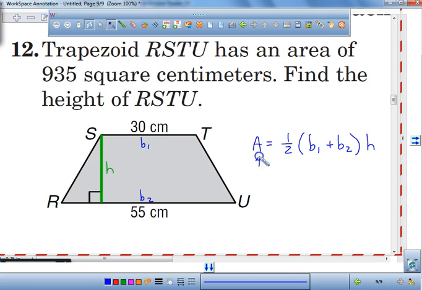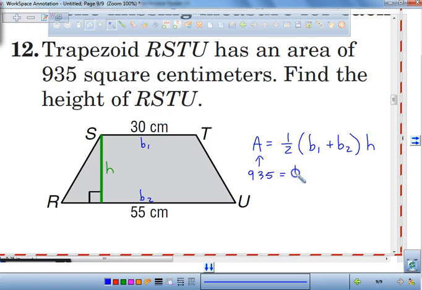What number do you think I'm going to plug in for A? The area. 935. There you go, 935. What number am I going to plug in for base 1? 30. Base 2? There you go. And what are we solving for? We're solving for the height, so I'm just going to put H in green. That's what we're solving for.